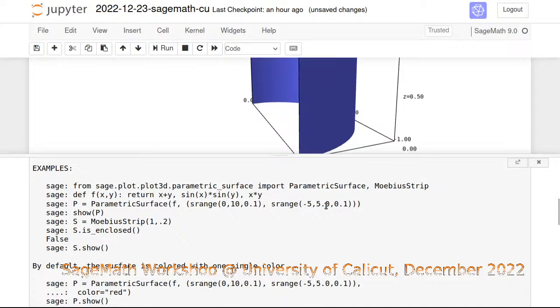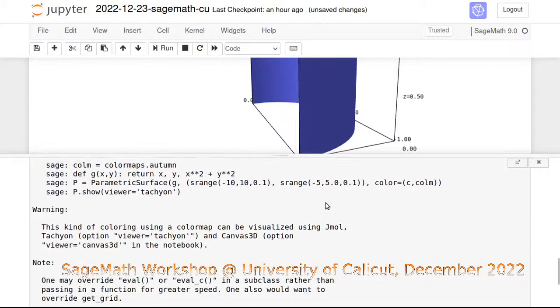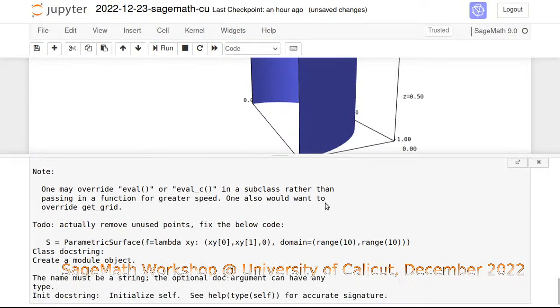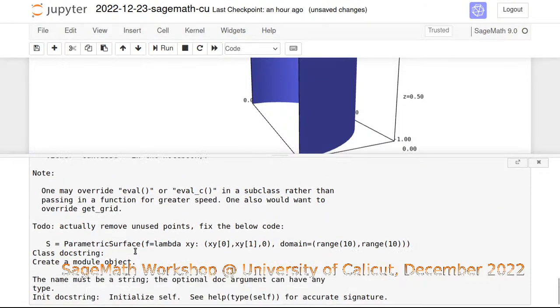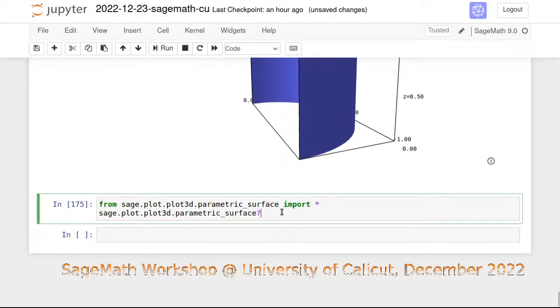It gives Mobius strip. It probably gives several other things. Mobius strip is just one. So that's the problem. Even from the documentation, it's not very clear what the things available actually are, unless you get a very good documentation.